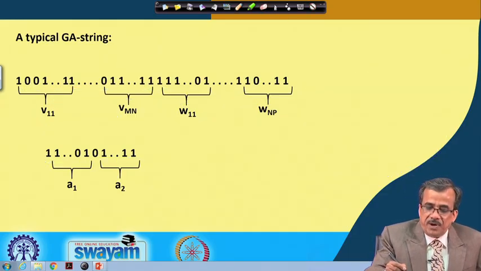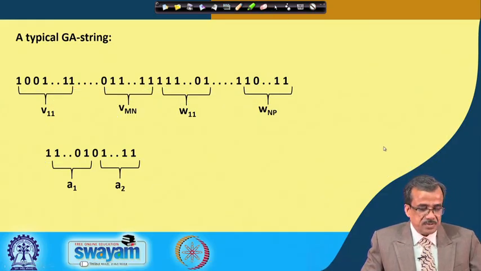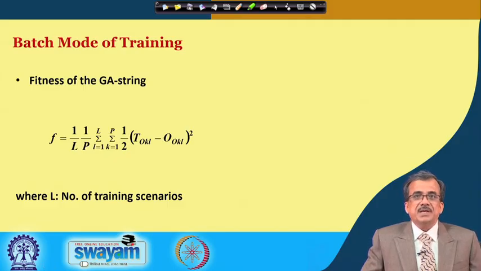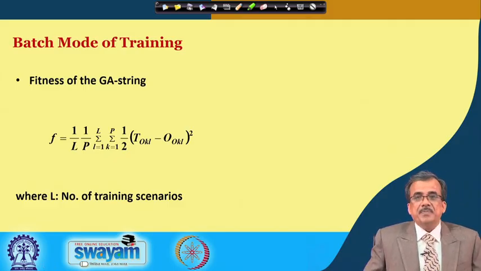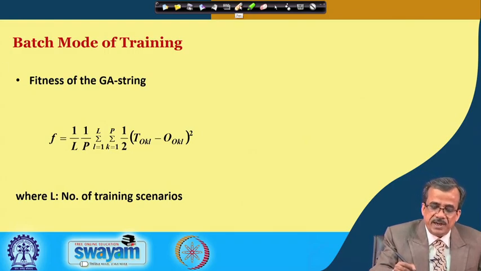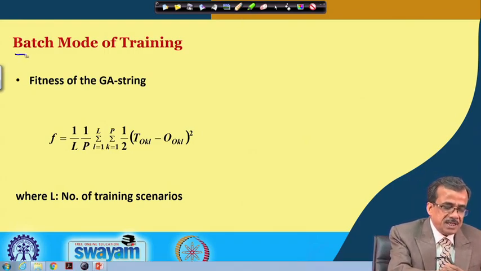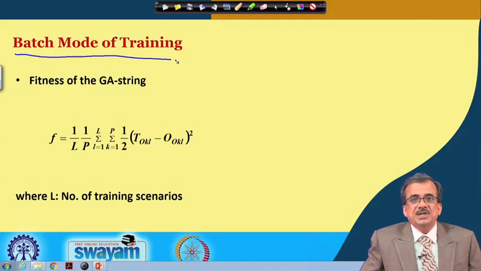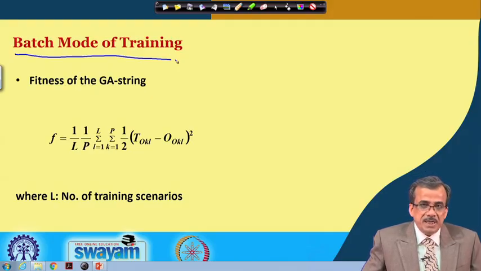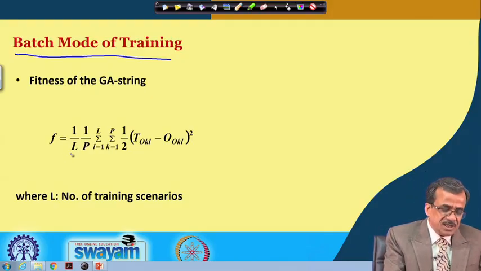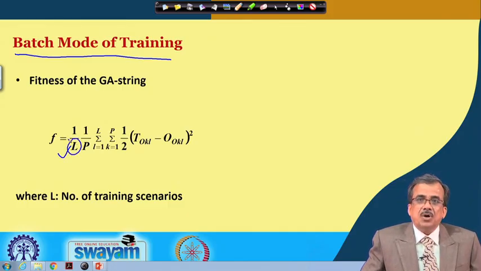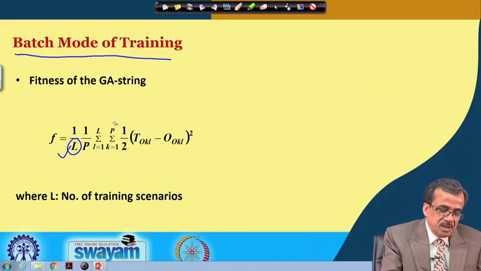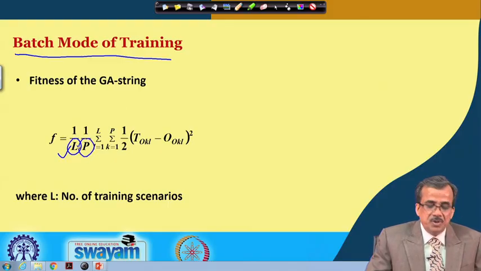Now, how to define this fitness? To define the fitness, we use the concept of the batch mode of training, the principle of which we have already discussed. That means we pass a large number of training scenarios, denoted by capital L, and we consider all the outputs, that is capital P number of outputs.